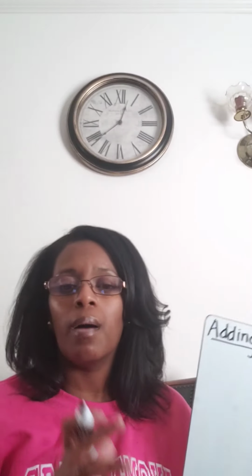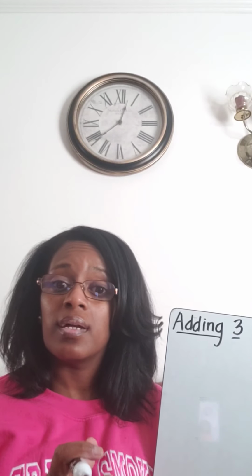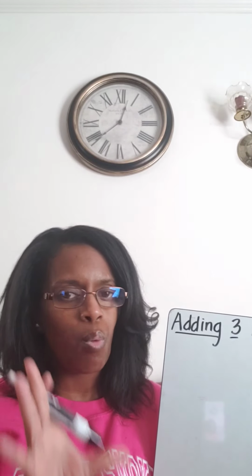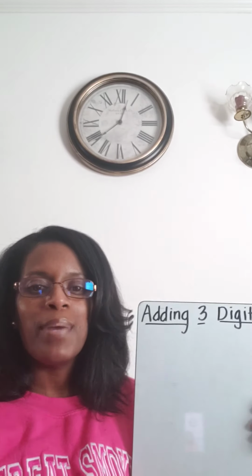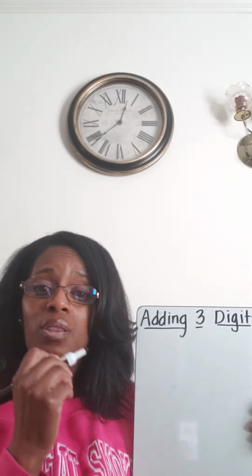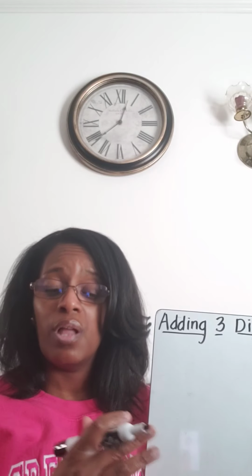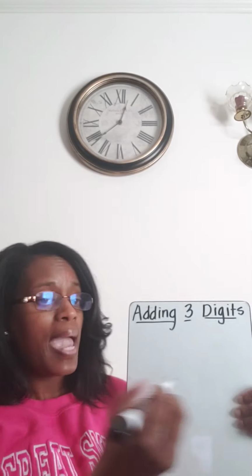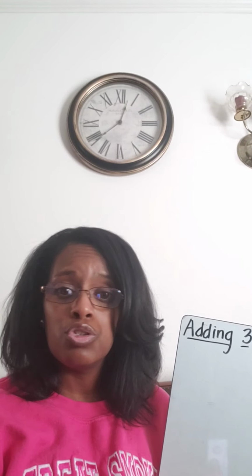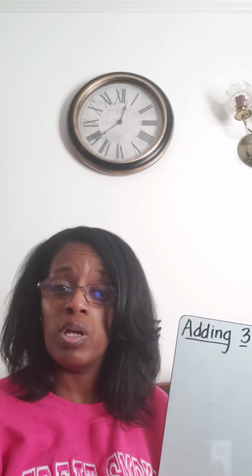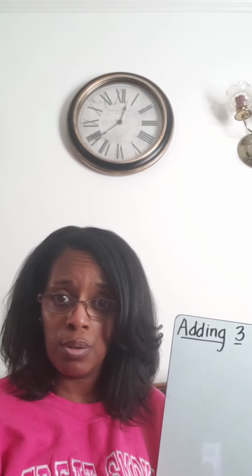Now, we've also been talking about tens and ones last week, and we're not going to do that quite today. We'll get into that in the next lessons. But we're going to do adding three digits or adding three numbers. Now, I am going to show you a few ways of how you can do it, and you just do the best way that you can, or which works for you, okay?